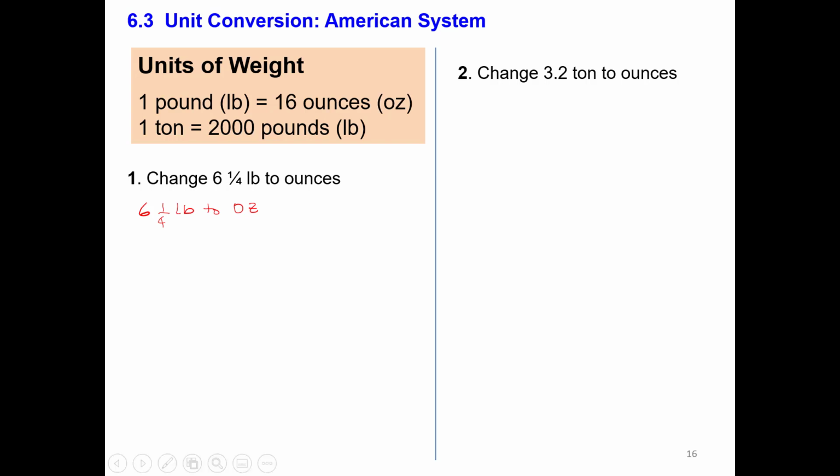We know 1 pound equals 16 ounces. Let me write this one there. Use 1 pound, 16 ounces.